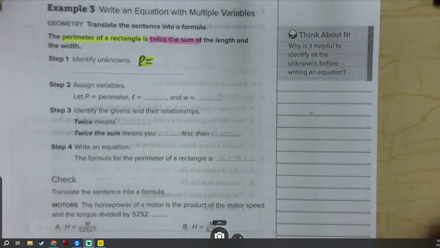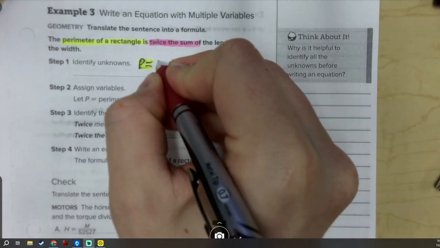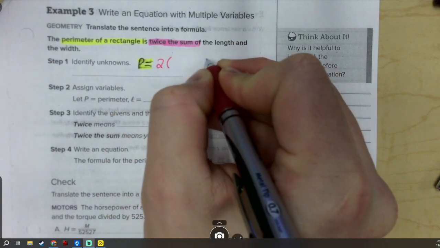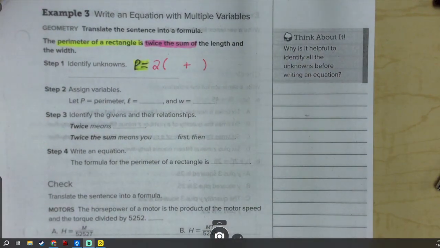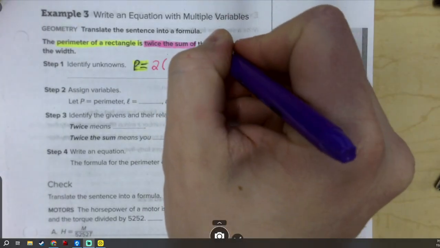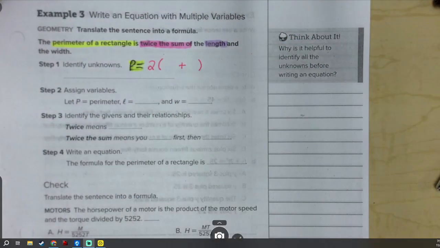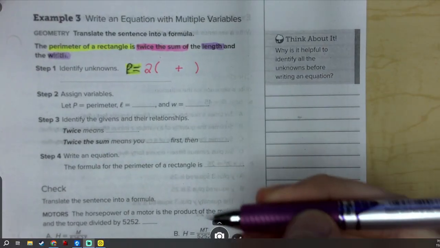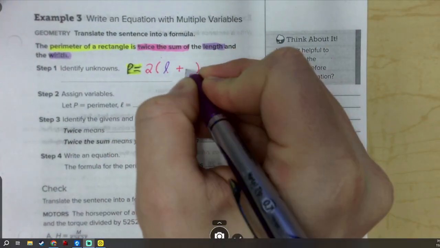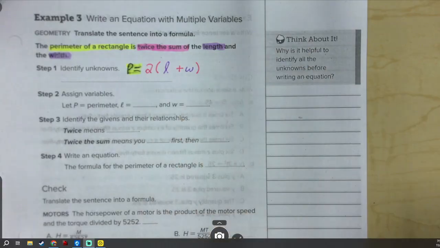Now, twice the sum of, what this is setting up is that we have a 2, and then we're going to add something. Finally, it says the length and the width. So since that's length and width, we have length and width.